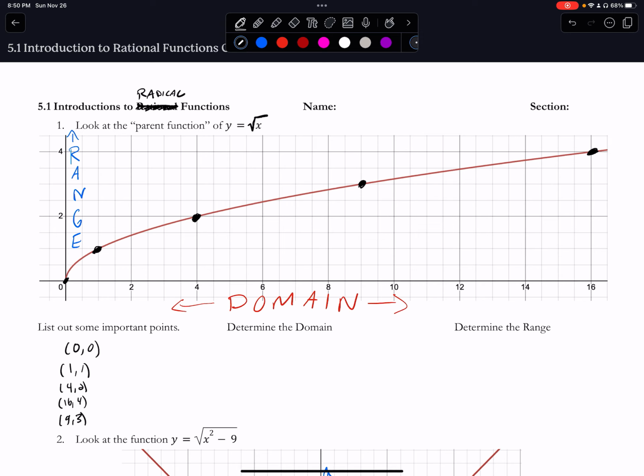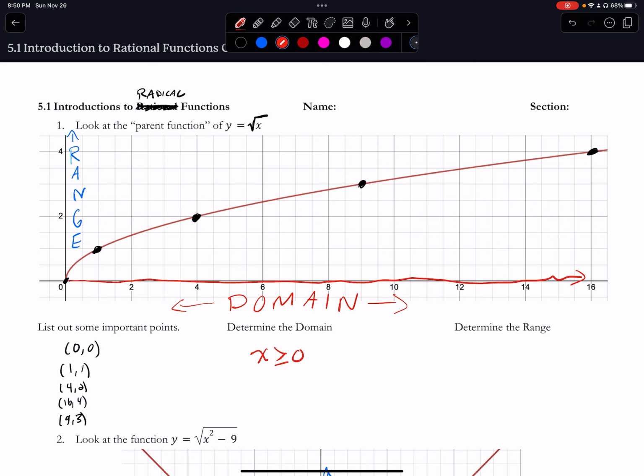As you can see, the domain is all the x values here. It starts at 0 and then just goes on forever in that direction. So you'd say the domain is x is greater than or equal to 0. That means all positive numbers.